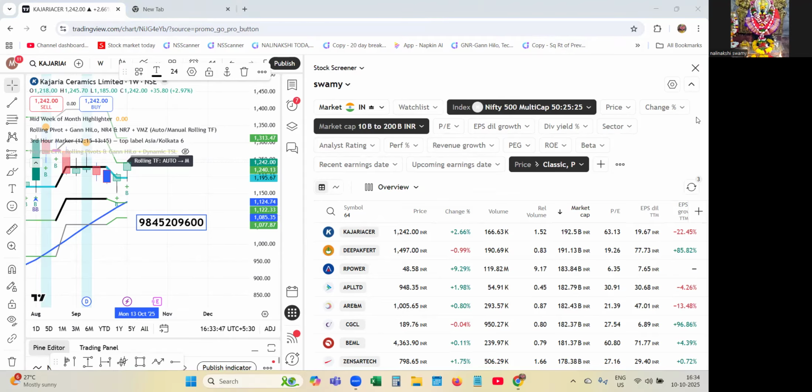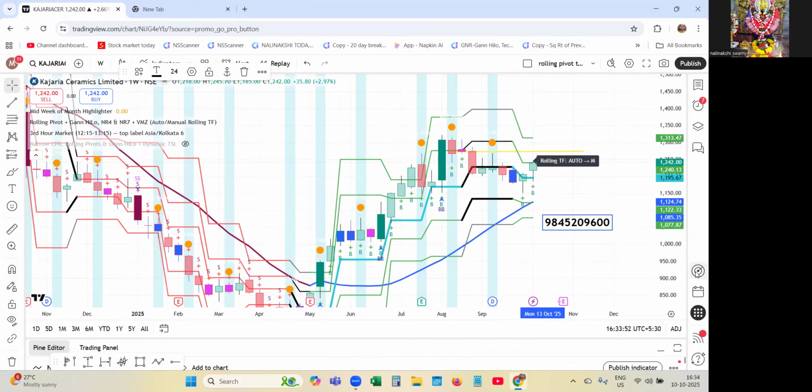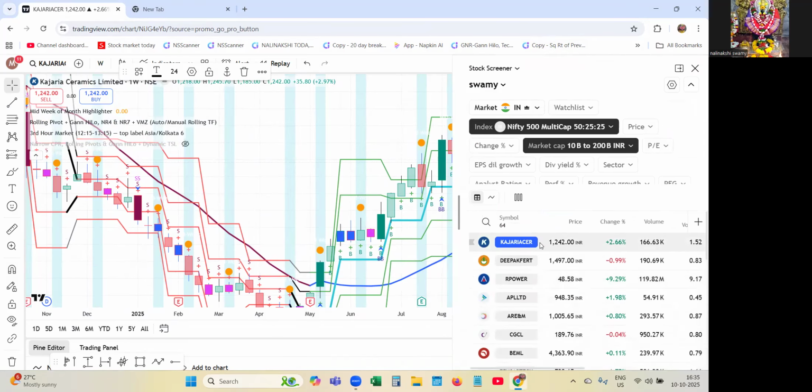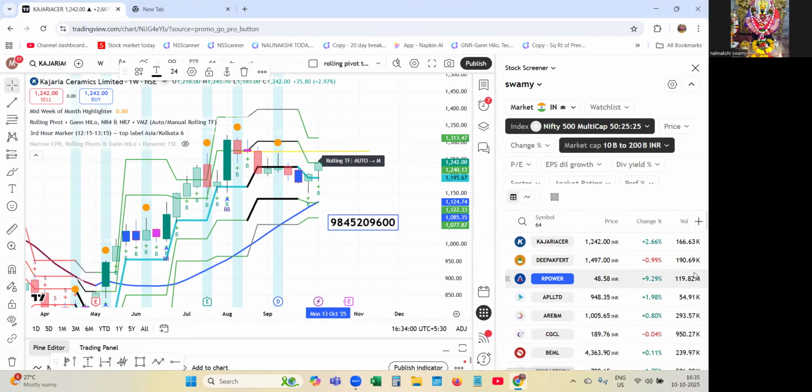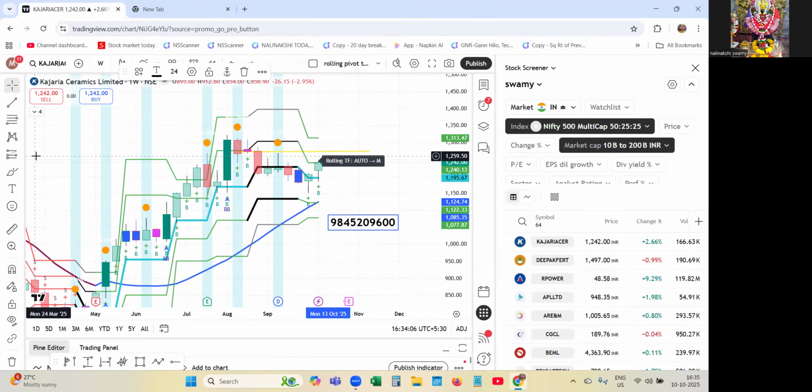Let me go back and open the screener. Then I make it split screen, and now I'm getting, see my condition, what it is. The price has to be above the pivot. So there are three sets of indicators I have made.